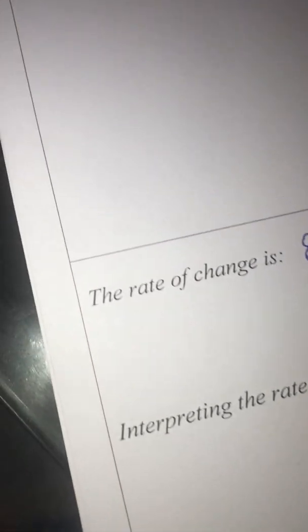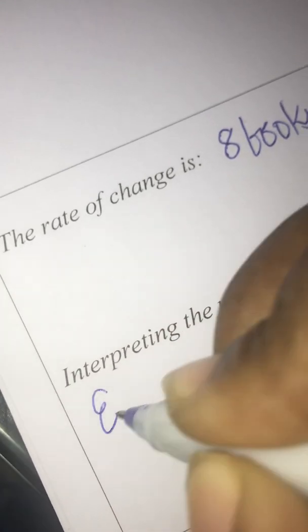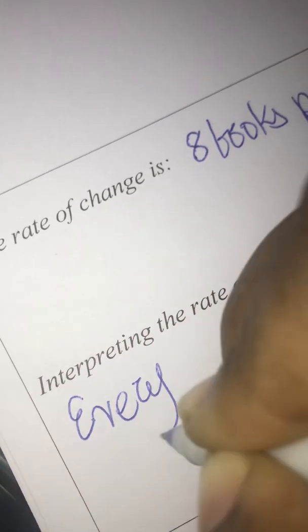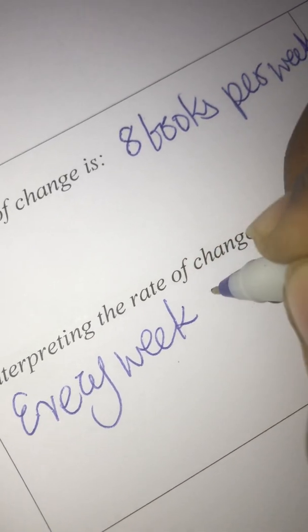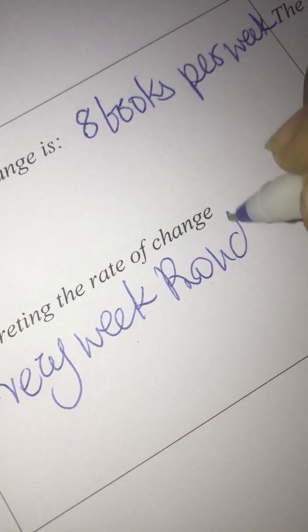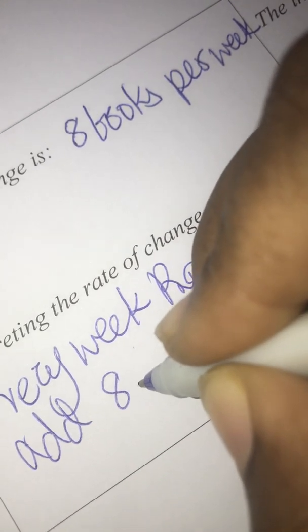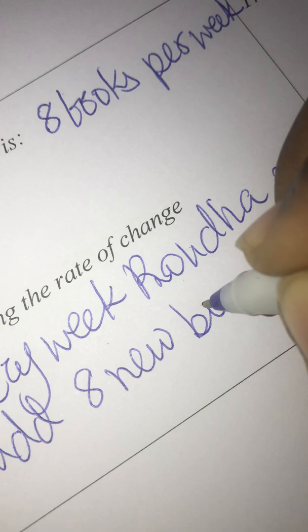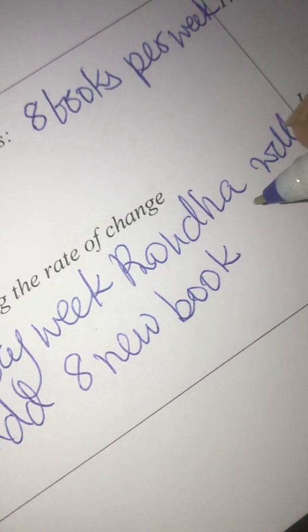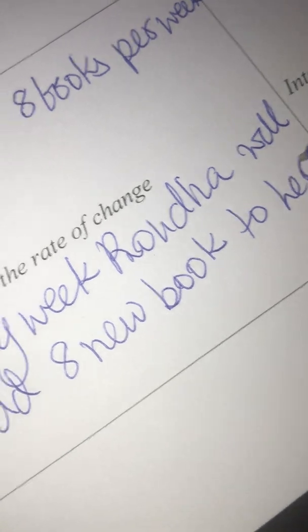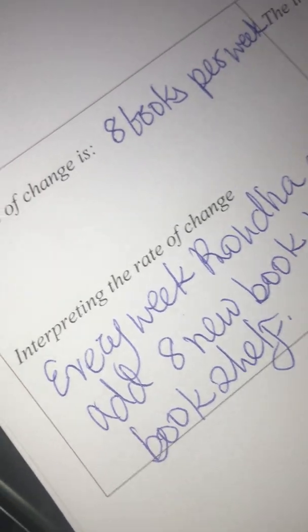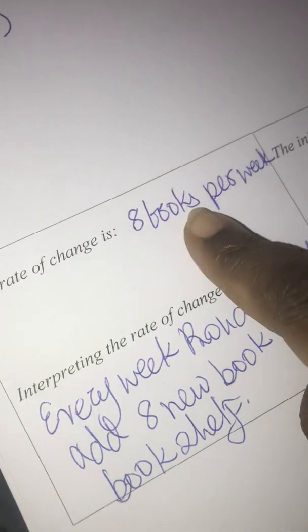So, interpreting the rate of change, every week Rhoda will add 8 new books to her bookshelf. Okay, so I've interpreted this.